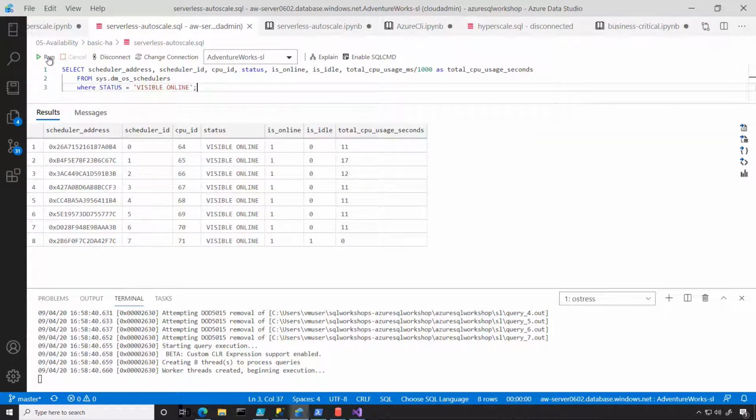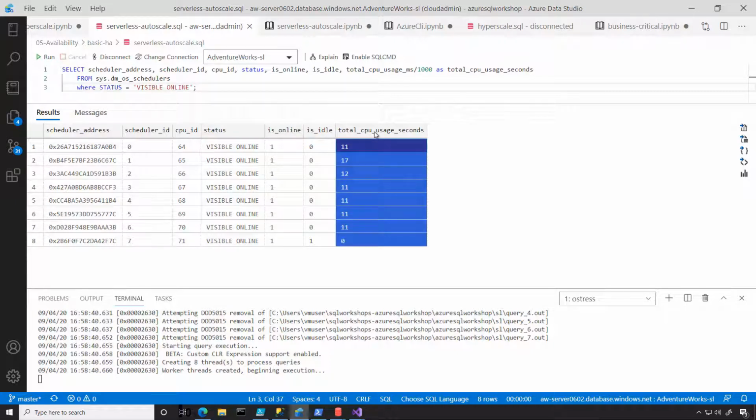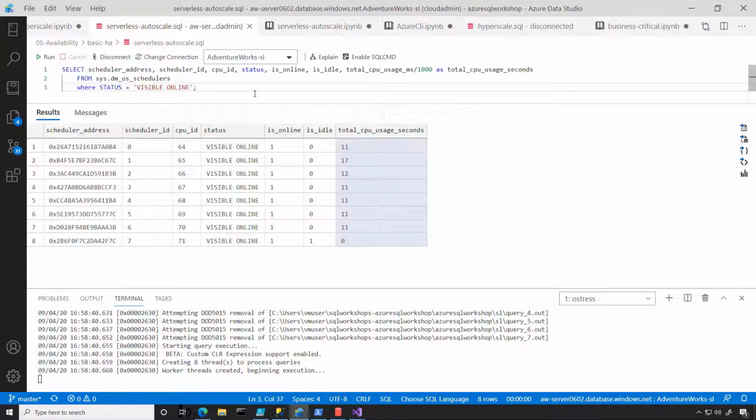And in turn, I'm only going to be billed on a per second basis for what my workload actually needs. That's what I can see in the total CPU seconds. We've also implemented a fascinating cache reclamation architecture that can help bring you back down to your minimum vCores that you set up once the heavy workload completes.